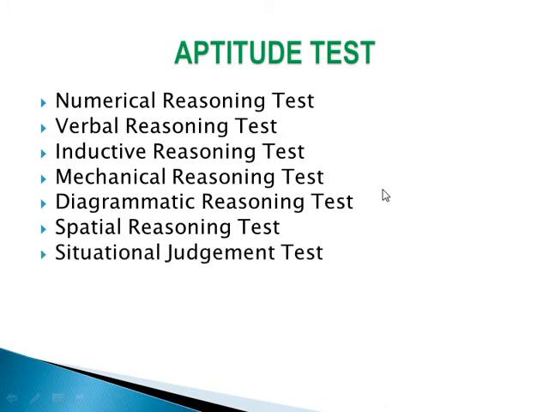Situational judgment test. This test measures the candidate's ability to choose the most desirable action in critical situations using his judging ability. Mental arithmetic test. This tests basic numerical ability like addition, subtraction, multiplication, division, fractions and decimals, and the speed of doing calculation.